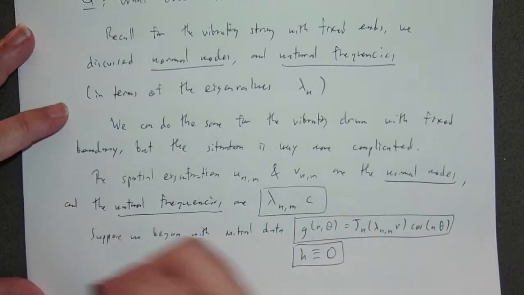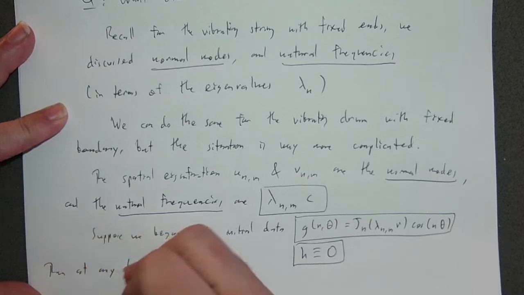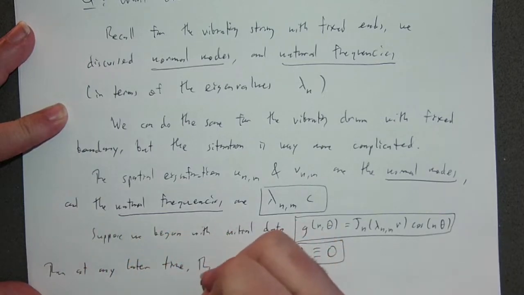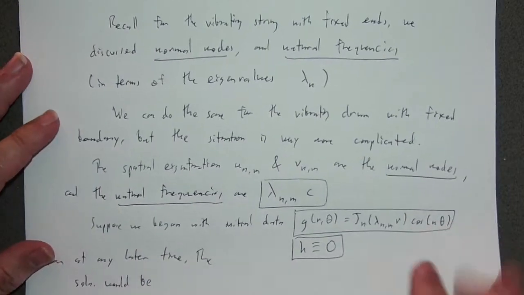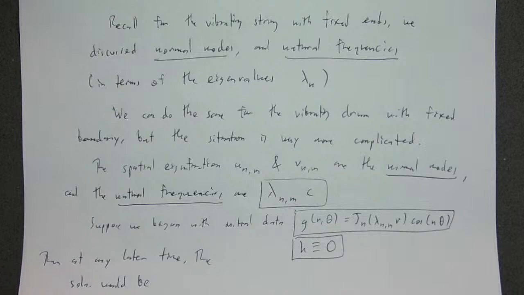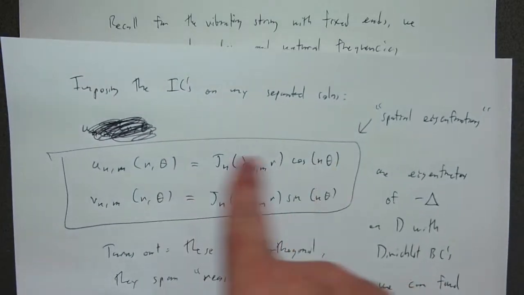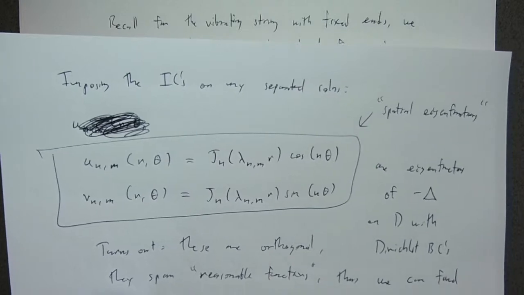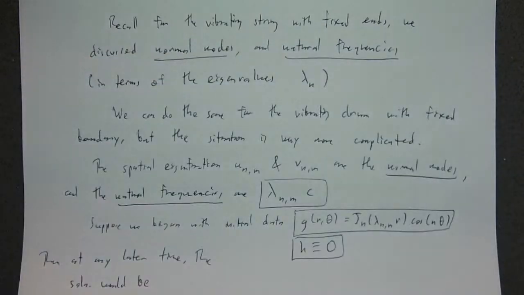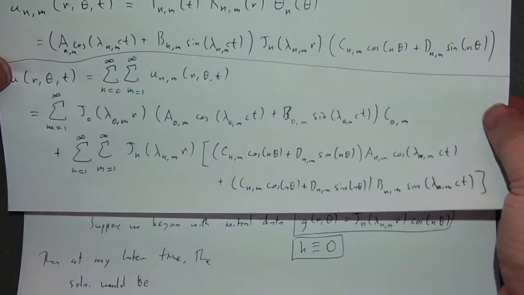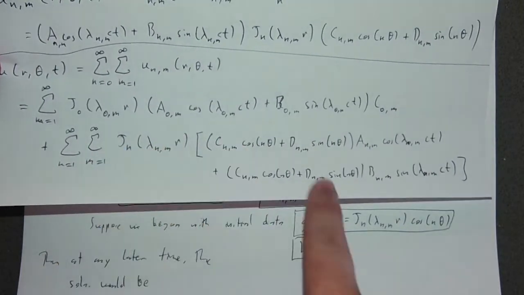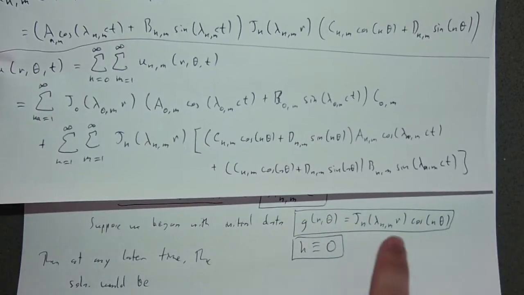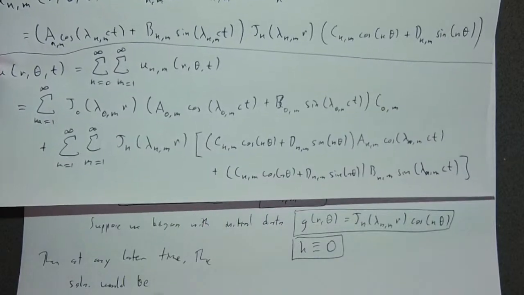Then at any later time, the solution would be, what are we going to do here? We're about to make a statement. We were able to make the analogous statement for the 1D wave equation. We are going to use the fact that these things satisfy orthogonality, right? They are an orthogonal basis for my space of functions, to look at this and say, well, if the g that I pick is one of these things, then it's going to get plugged into this formula somehow for these coefficients, and everything is going to be 0 except the thing that it agrees with, the thing that it matches, right, because of orthogonality.